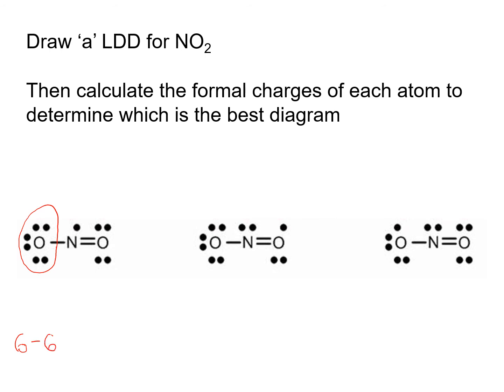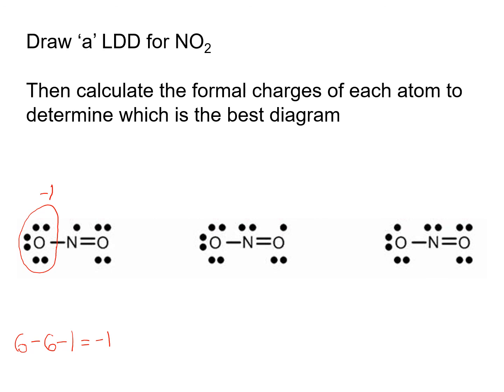And we minus half the number that are in the bond. This bond has 2, so we minus half of 2, which is 1. So that particular oxygen ends up with a formal charge of -1. Let's write that up at the top here.